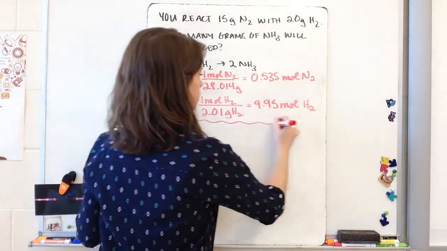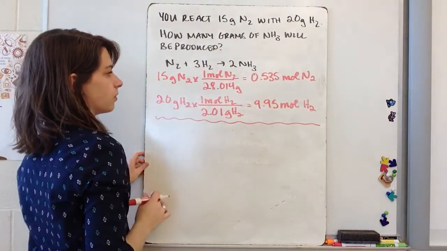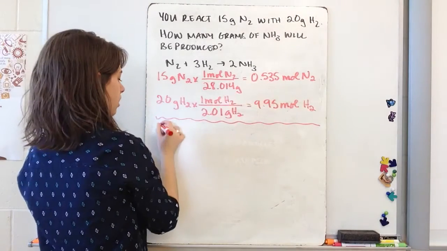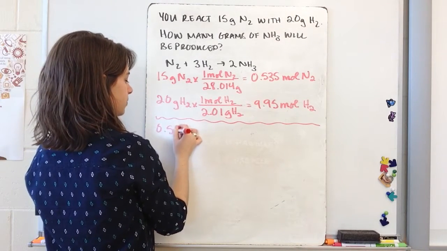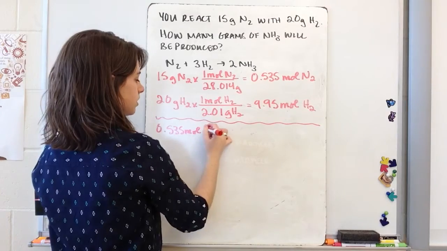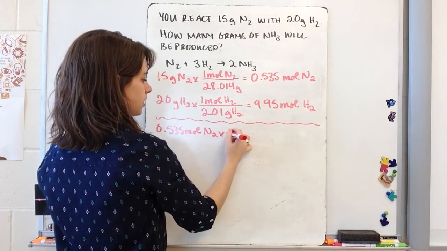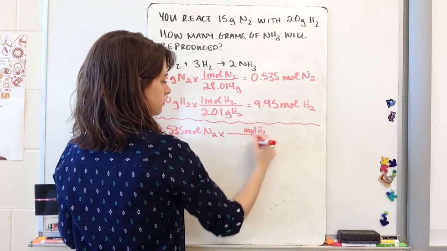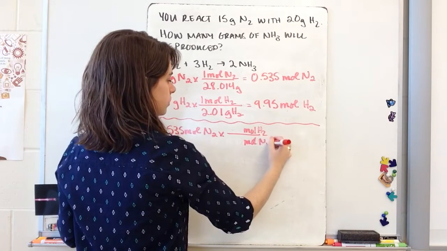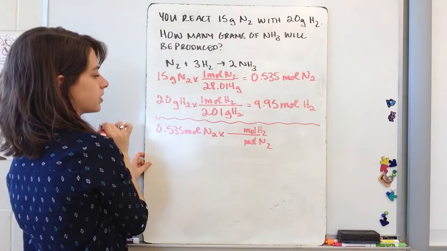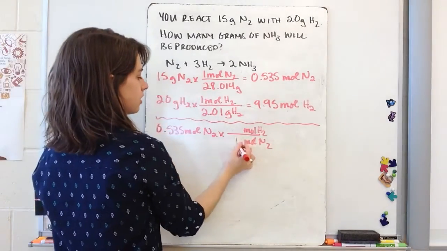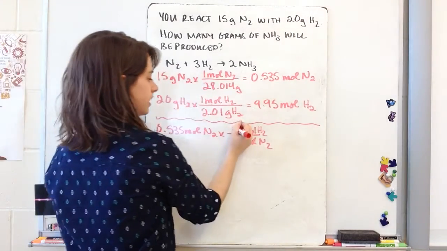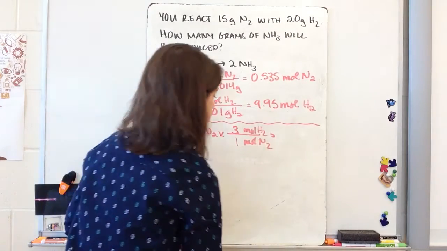So now, let's see what we need. So if we react all 0.535 moles of N2, how many moles of H2 would we need? So I'm going to look at my coefficients from my balanced chemical reaction. So for every 1 N2, I need 3 hydrogens.